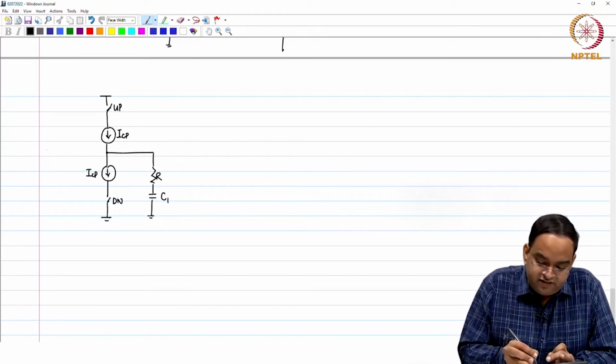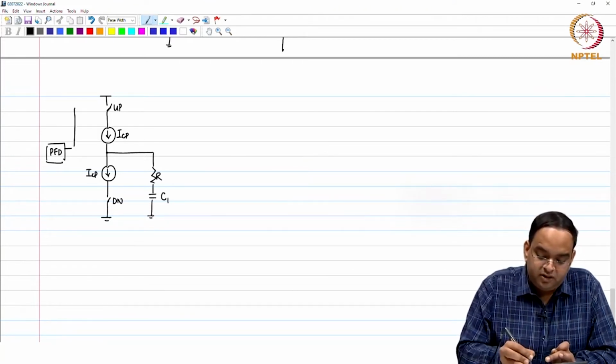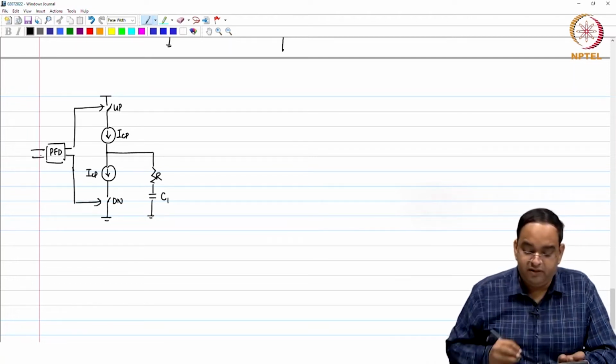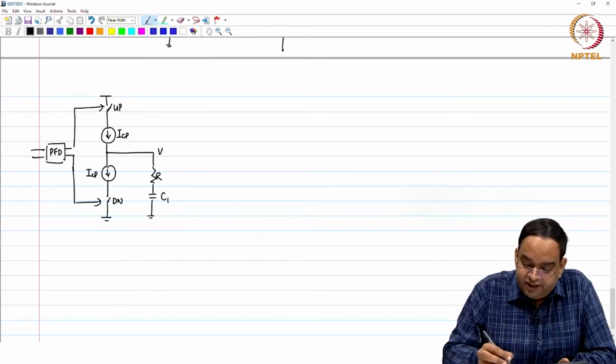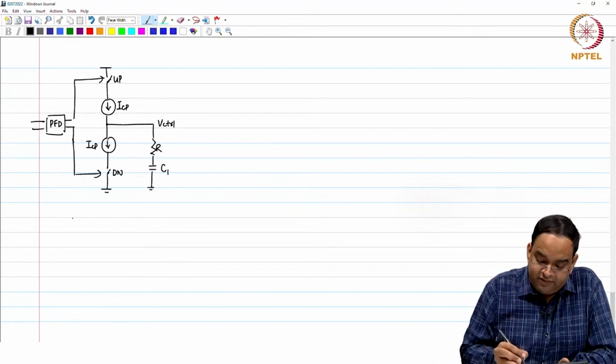Now, we are interfacing our PFD with the loop filter, in place of the previous one using voltage sources. Here we are using current sources. Okay. So, this is what we have. Now, in this case again you look at the same up and down pulses.